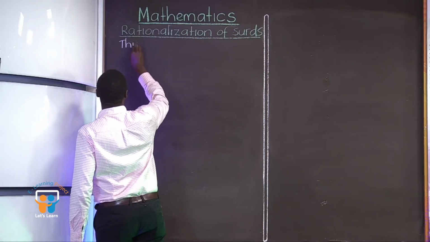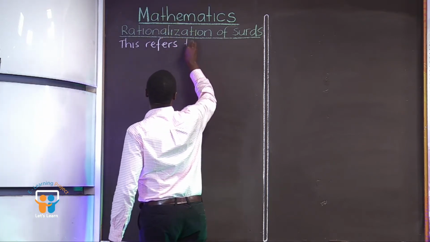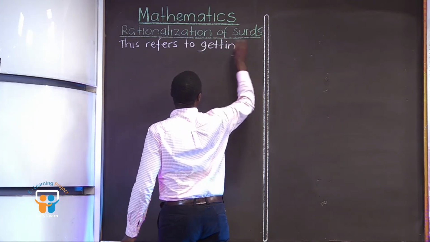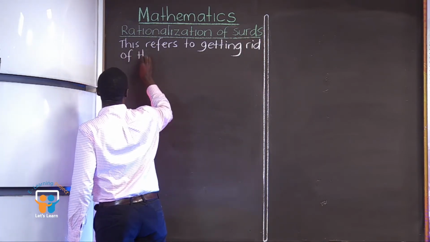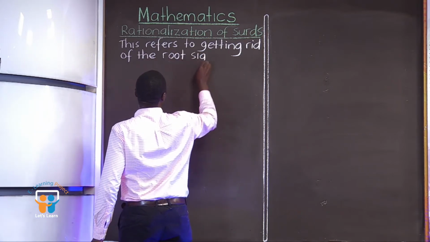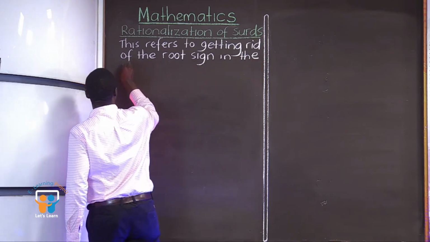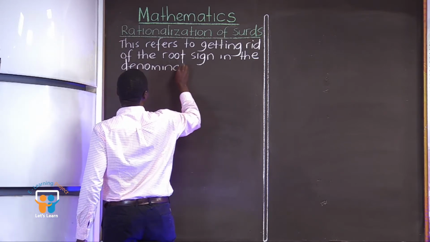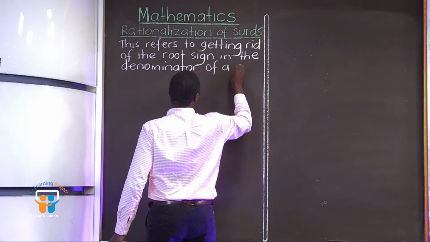This refers to getting rid of the root sign in the denominator of a surd.